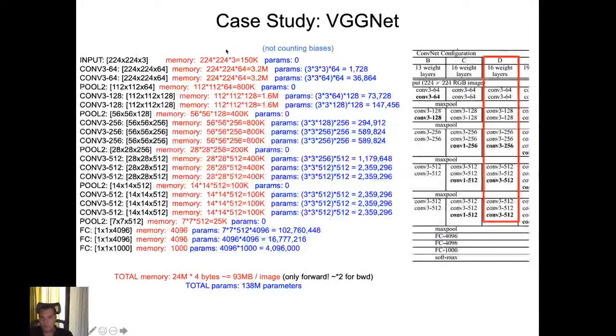So in order to process an image through this network, you need about 100 megabytes. This is only for the forward pass. Remember that the backward pass of back propagation is about twice as much as the forward pass. So for the backward pass, you would need about 200 megabytes.